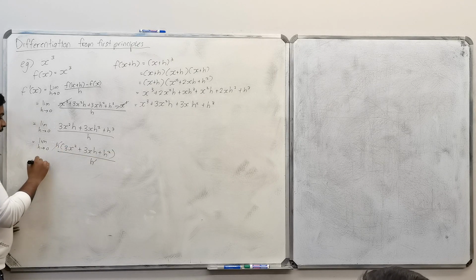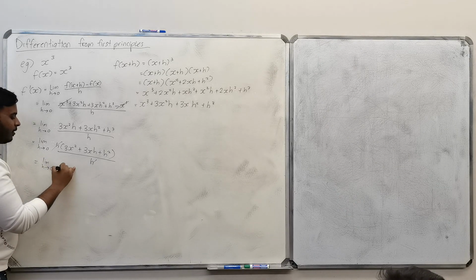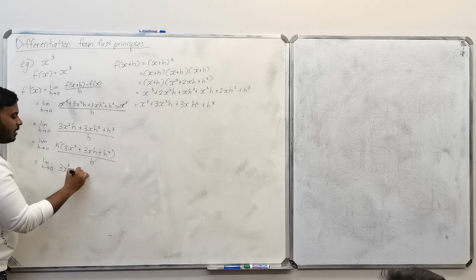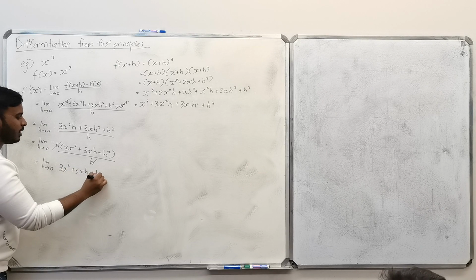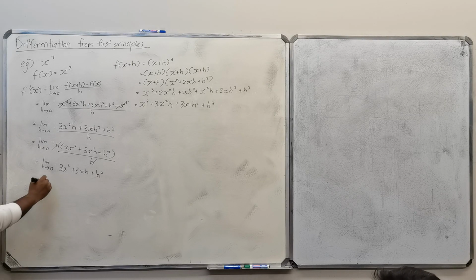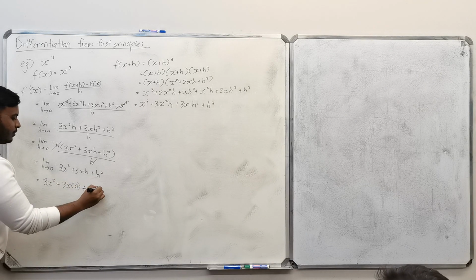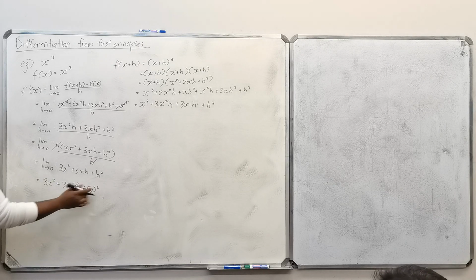Cancel, and I'm left with the limit as h approaches 0 of 3x squared plus 3xh plus h squared. Now you end up with 3x squared plus 3x times 0 plus 0 squared, so the answer is 3x squared.